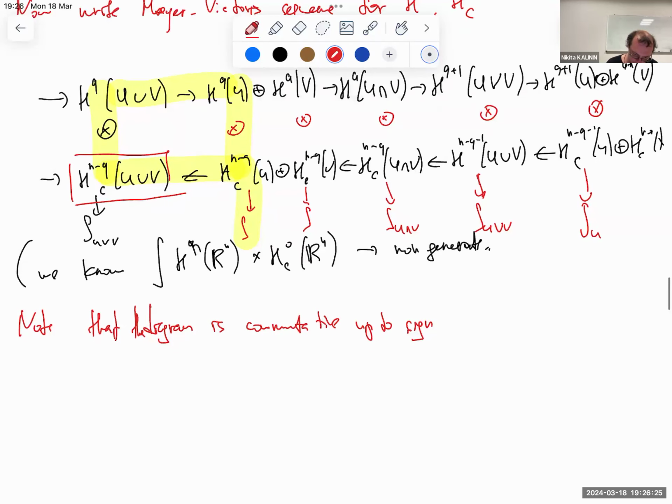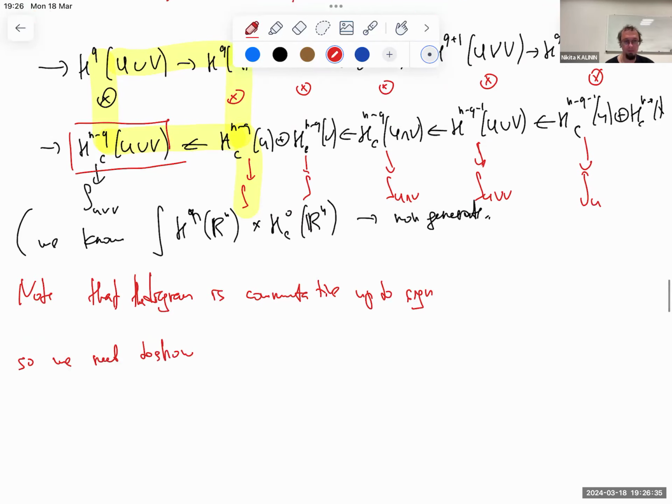So we need to show the following: on top we have cohomologies, and here we have cohomology with compact support. And since we've taken the dual spaces, now the arrows also go in the right direction.